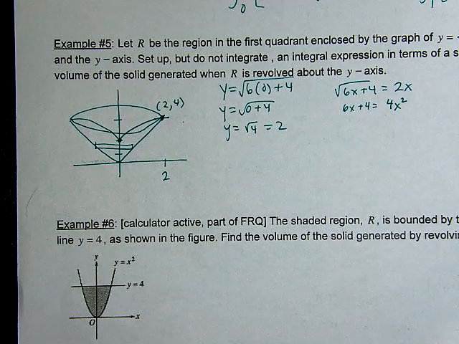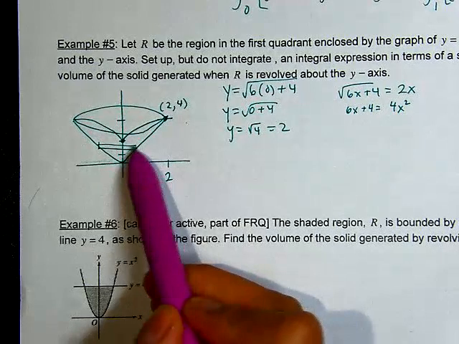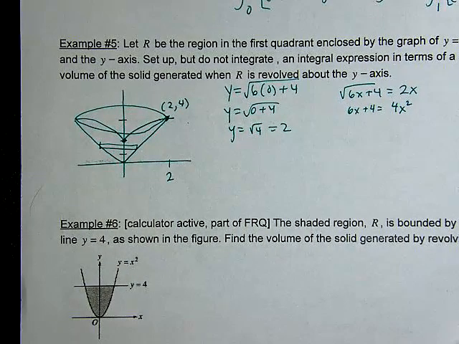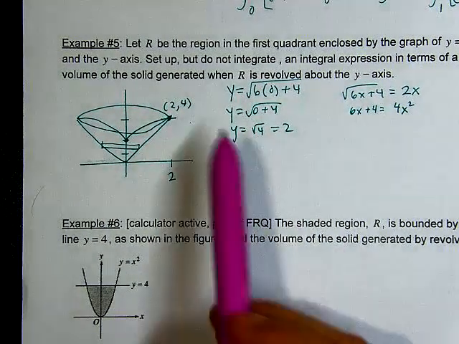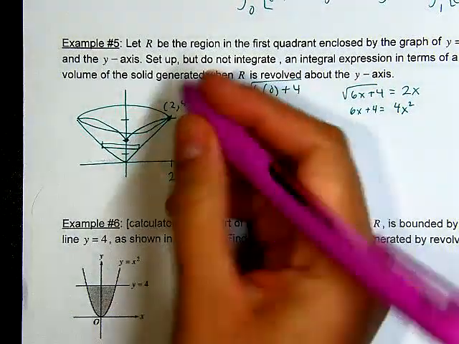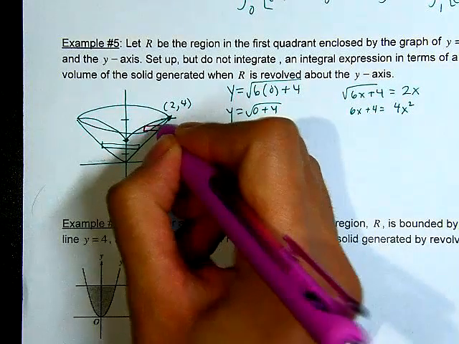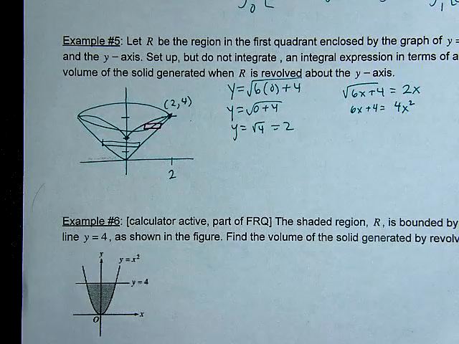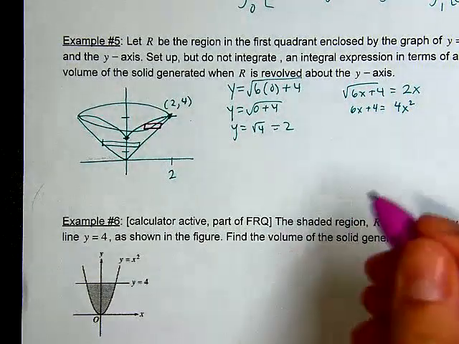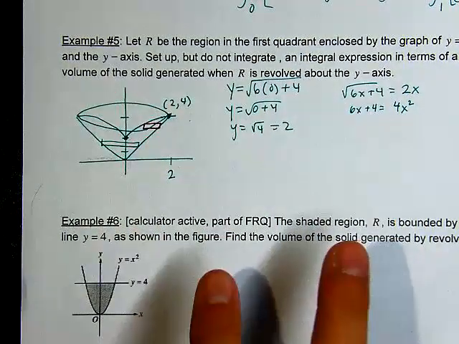And I'm sure you've noticed, depending on where you draw your horizontal slice, it could go from line to line, or it could go from line up to the square root curve. So it's a little strange where our slice is. So again, similar to last problem, we do need to set up two integrals.